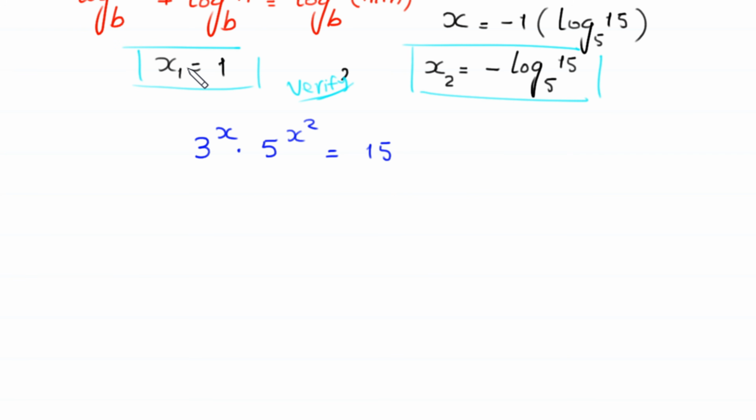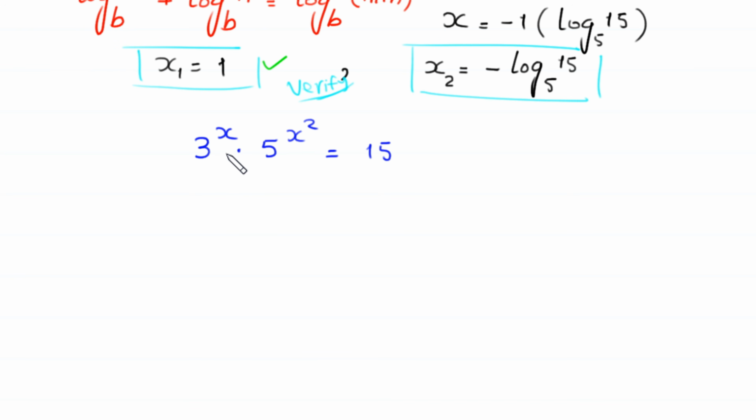In this solution 1 is obvious, because 3 to the power 1 is 3 and 5 to the power 1 squared, 5 to the power 1, 3 times 5 is equal to 15. So this is obvious.